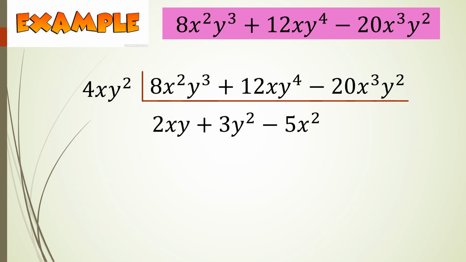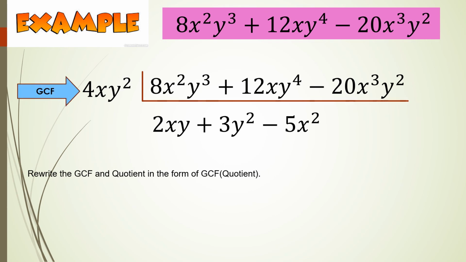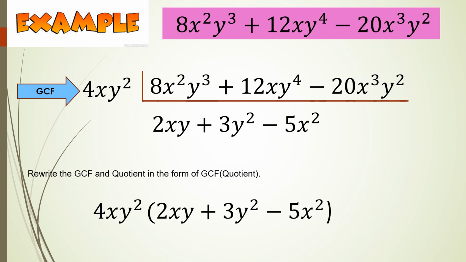Now, since the derived quotient has no common factors anymore, we're going to write this as a factor of the given problem. In short, the GCF now is 4xy squared. So the final answer now is 4xy squared and the quantity of 2xy plus 3y squared minus 5x squared.